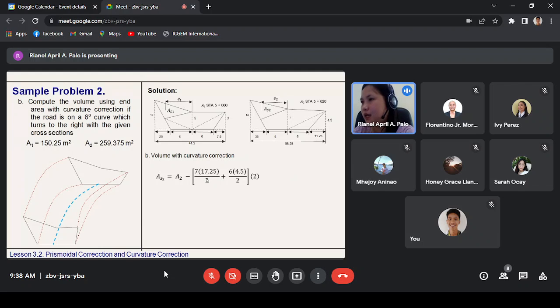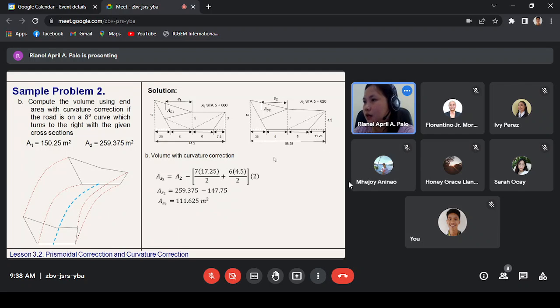Base times height over 2. For triangle 2, the base is 6 meters and the height is 4.5 over 2. Then we mirror it to the left side, so times 2. That will give us 259.375 minus 147.75. So AS2 is 111.625 square meters.